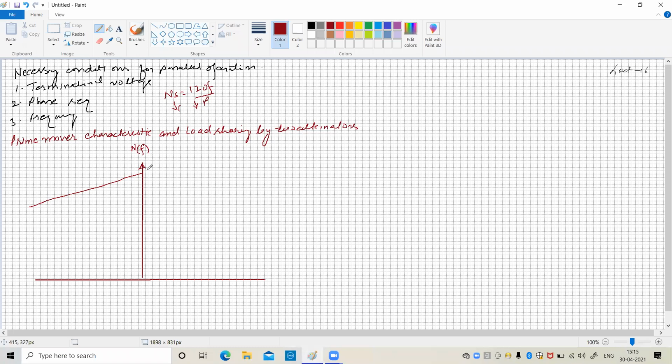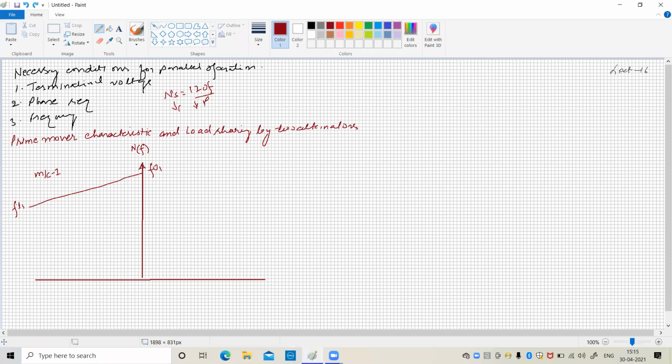Say this is the no load frequency of first alternator F01, and the full load frequency is FL1. This is the drop characteristic of the first prime mover. Similarly, for machine 2, this is the dropping characteristic.